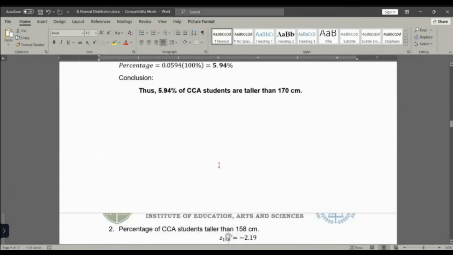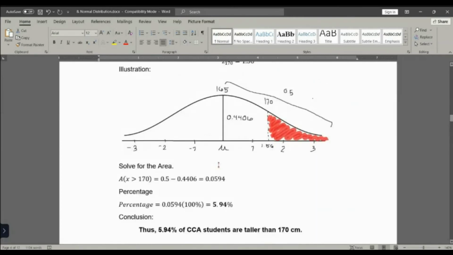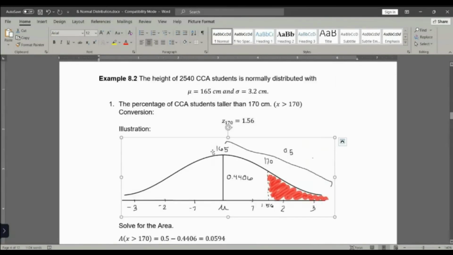So the more accurate your illustration is, the more accurate din yung solution nyo later on. Kaya very important yung illustration nyo. That's why I am requiring you to illustrate the problem in a normal curve. This would help you to solve for the area later on.